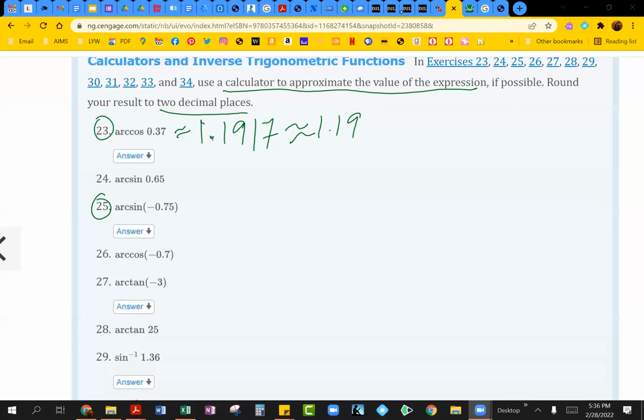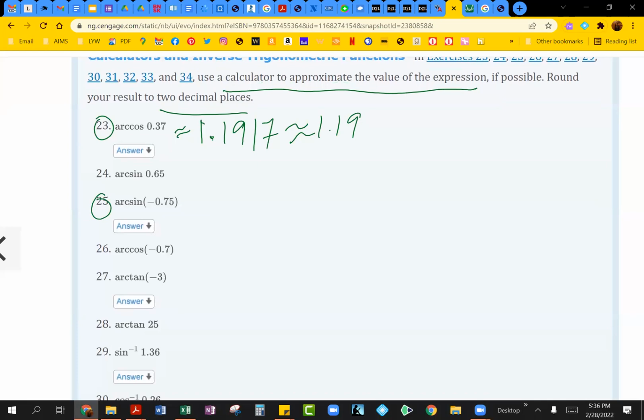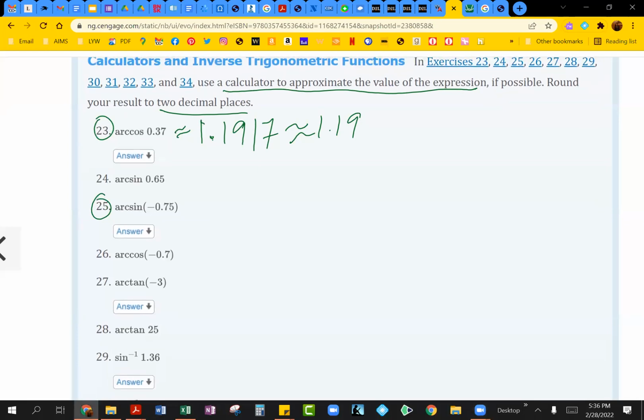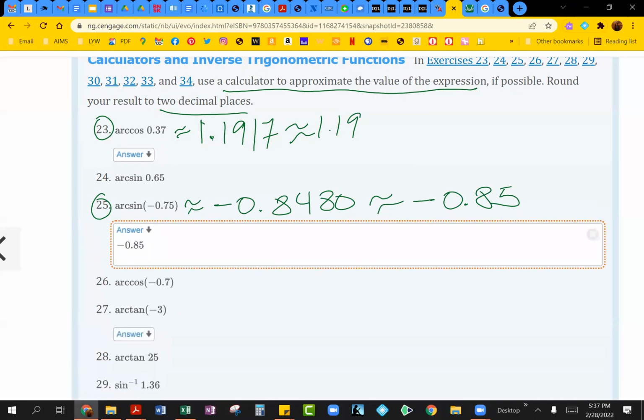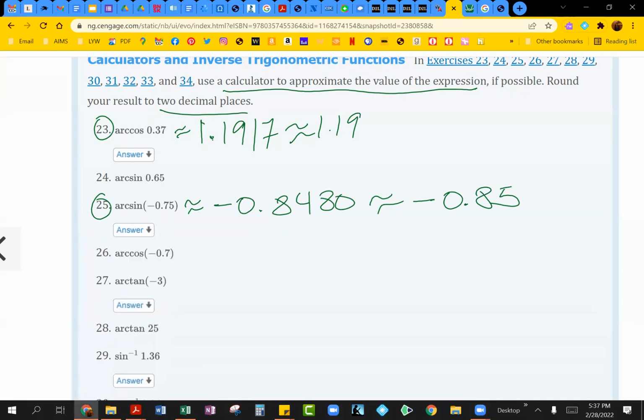So I've got, let's see, Andrew, Darren, Savannah, very nice. Doing this as an approximation again, negative 0.8480. So when we round this to 2 decimal places, it becomes negative 0.85. Lucy, yeah, very nice. And then again, you can do a quick check on those.